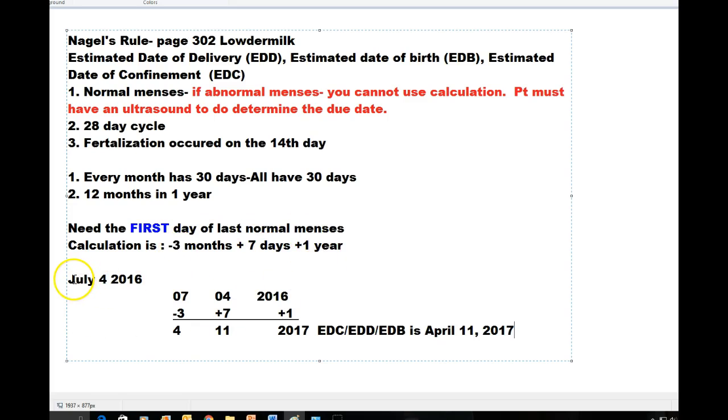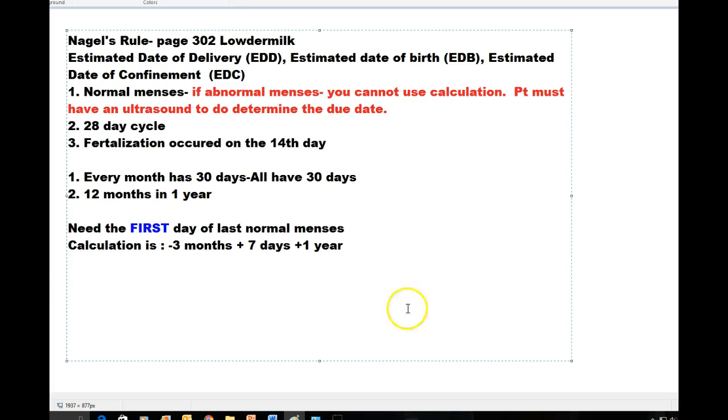So let's do one that's a little more complicated. How about that? Okay. So let's go ahead and try. Let's do September 25th, 2016. So that would be 9. I always put 09.